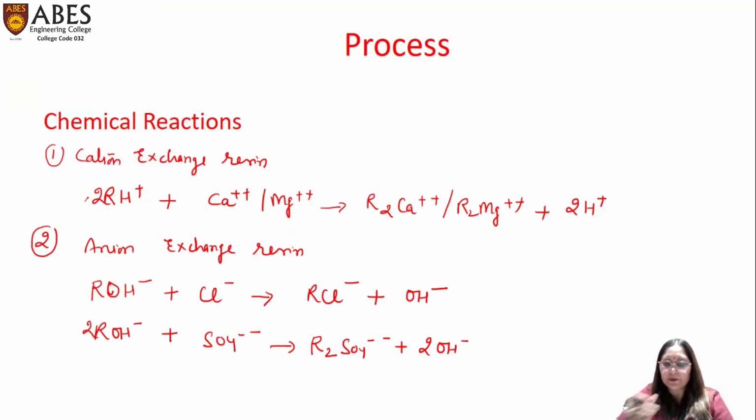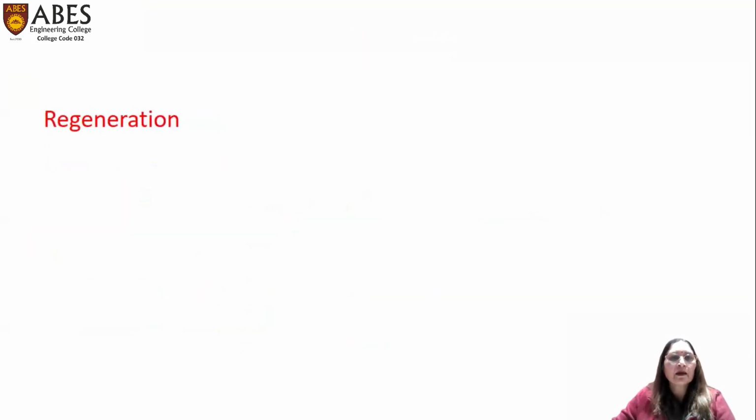As I told you before, let's start the regeneration. As I told you before, as the cation and anion exchangers are used continuously, they lose their ion exchanging capacity and become exhausted.